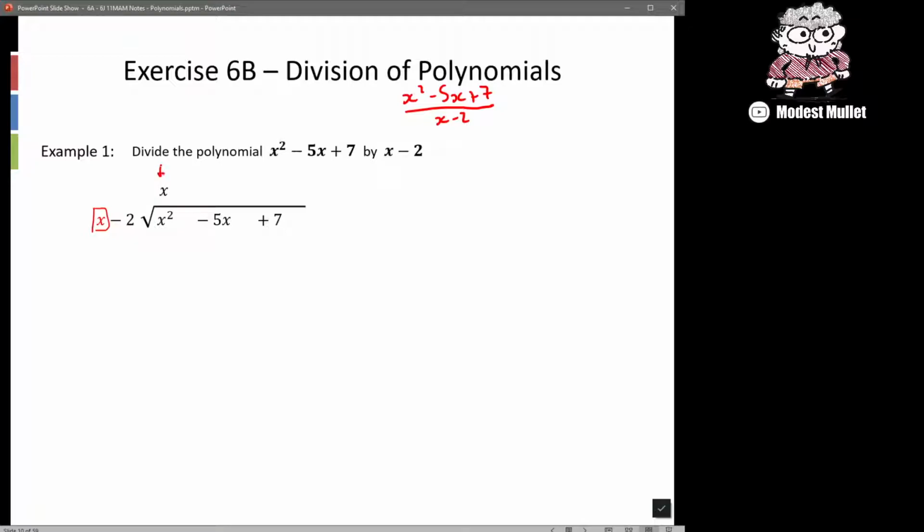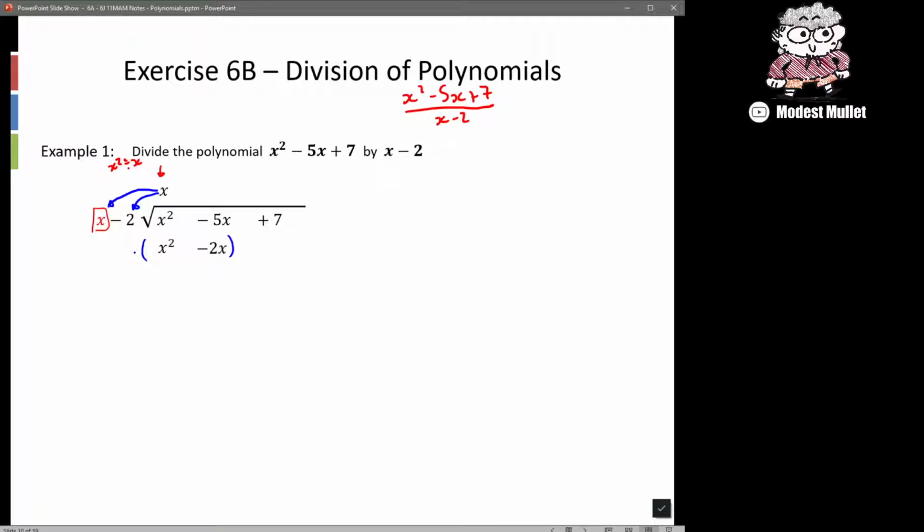What we do from here is multiply it by everything at the front, and we write it in brackets here. So we get x times x is x squared, and then x times negative 2 is negative 2x. So we've gotten to this stage.